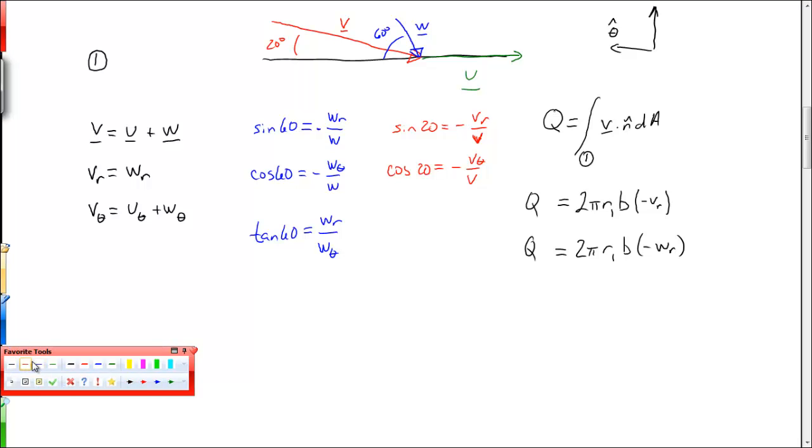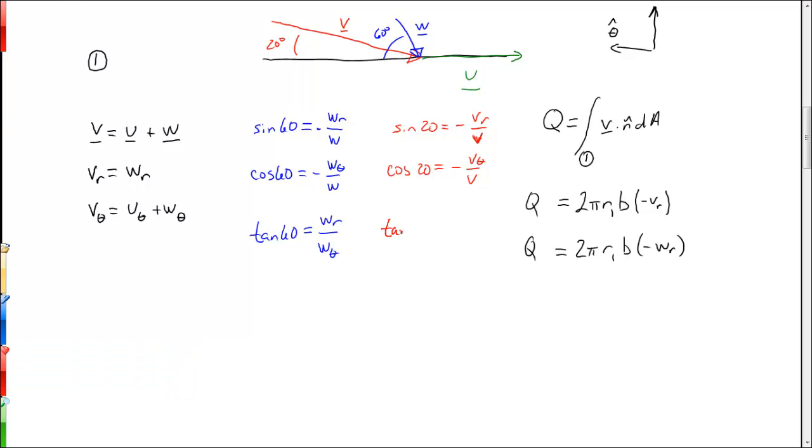And if we do the same thing for the V's, we get tangent of 20 equals VR over V theta. But we know that VR and WR equal each other.